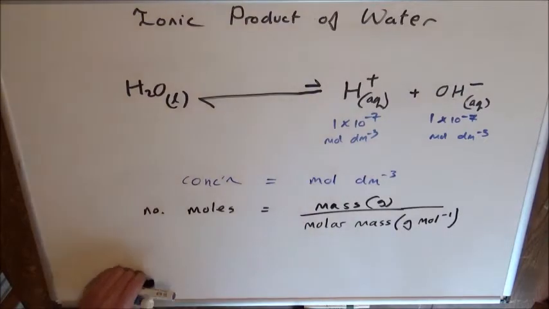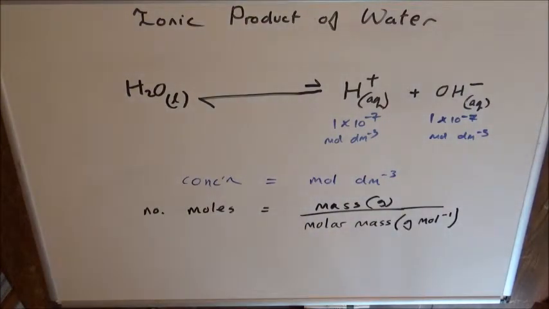Now you're probably used to just putting mass over Mr, and that's just a bit of a hangover from GCSE. At A level you should really be using molar mass. First of all, Mr, relative formula mass or molecular mass. Well, certainly molecular mass doesn't really apply to ionic substances because they don't occur as molecules. Molar mass covers everything, so it means the mass of 1 mole.